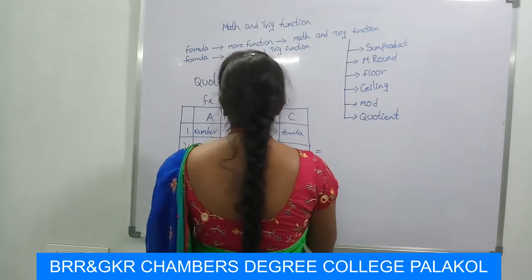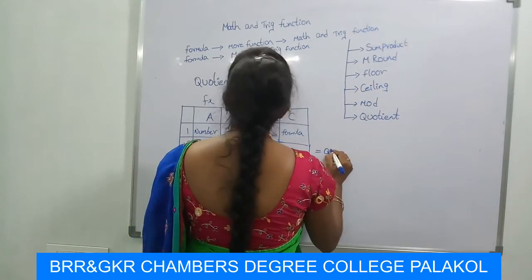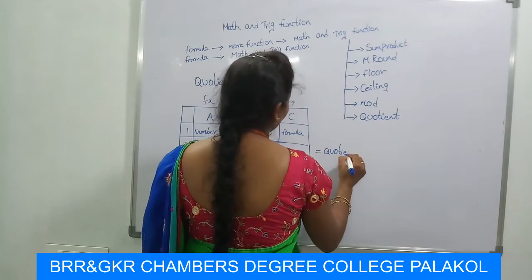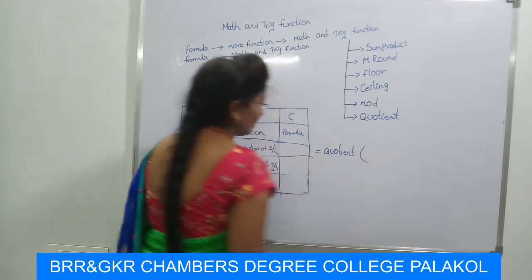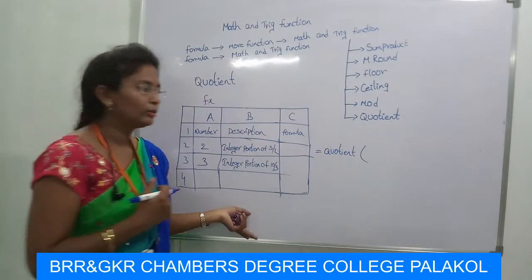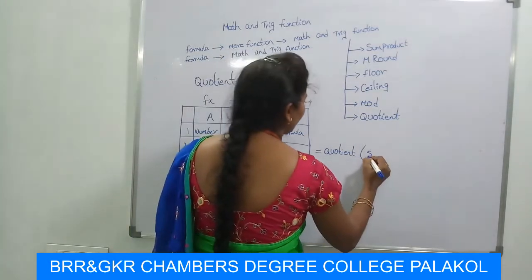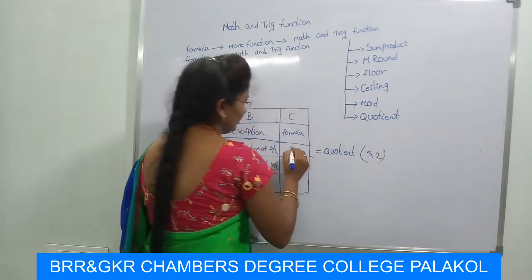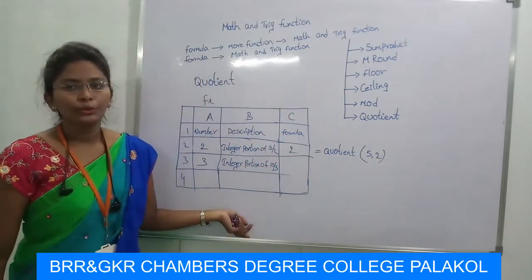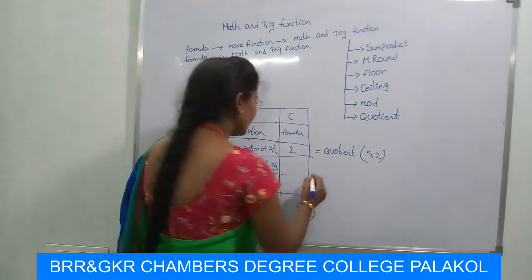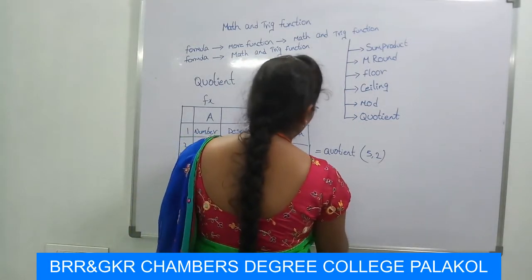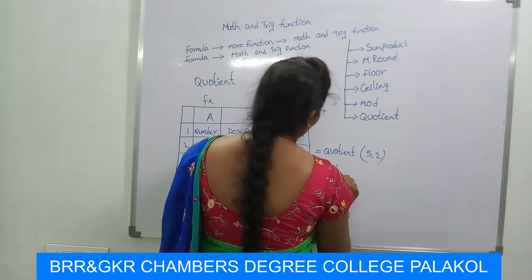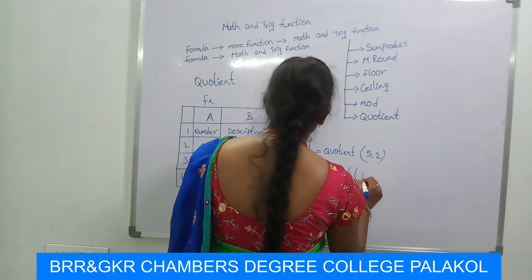quotient, and then in brackets I have to enter 5, 2 and the result will be displayed here as 2. And then the second formula, quotient of 10, 3.